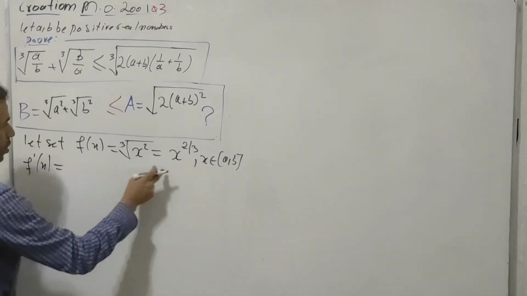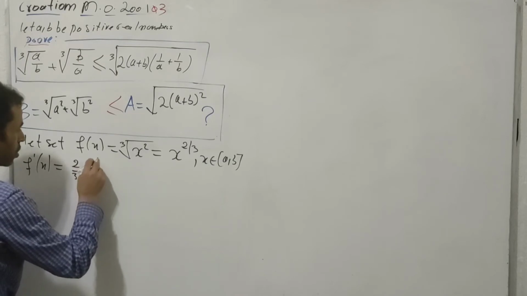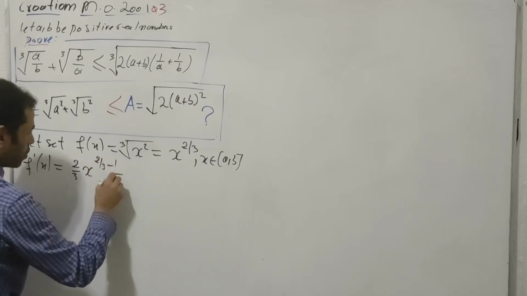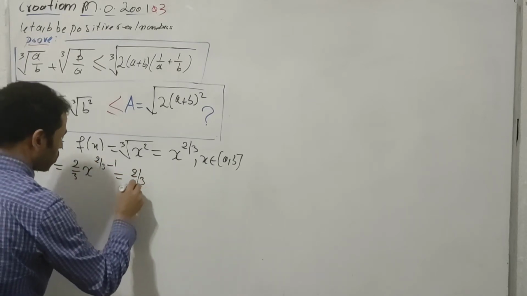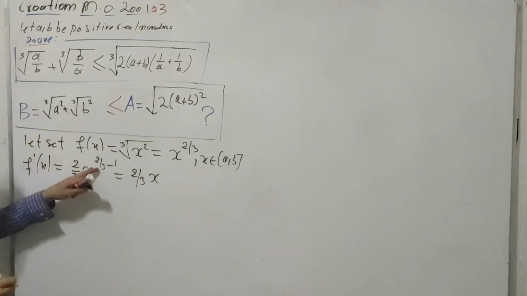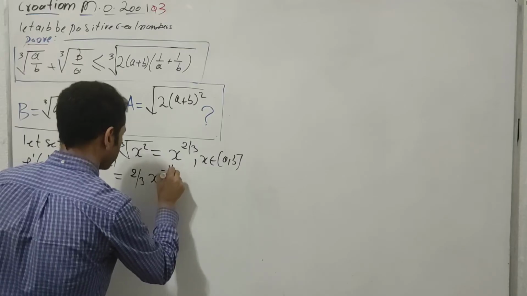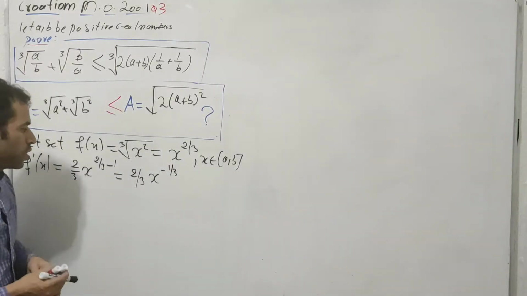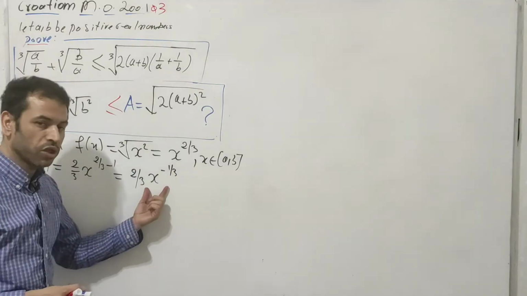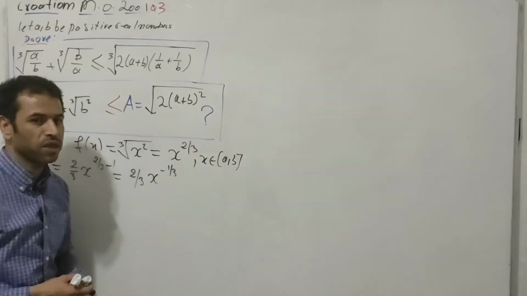Calculating this gives 2 over 3 multiplied by x to the 2 over 3 minus 1. By simplifying, this is 2 over 3 multiplied by x to the (2 minus 3) over 3, which is x to the minus 1 over 3. So now, since f prime of x is continuous and differentiable on the closed interval, I'm going to calculate the second derivative.